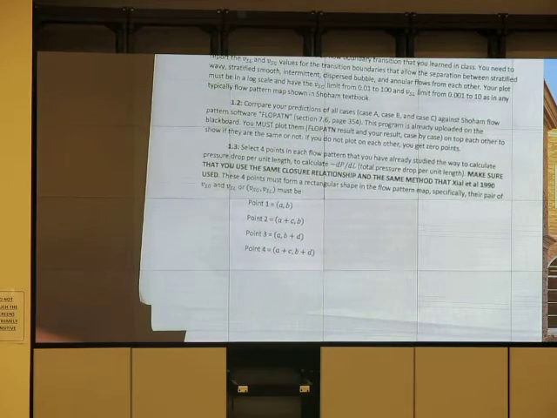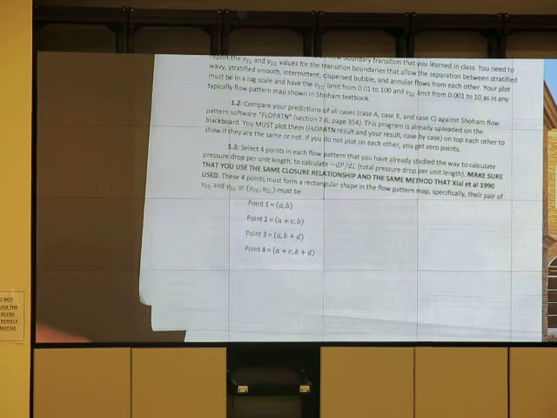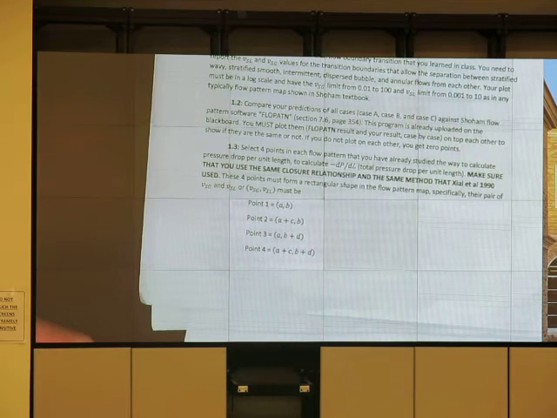Do you know that the file uploaded on Blackboard is from the Shoham textbook? In that file, there are 2 programs. Program number 1 is to do the flow pattern. Program number 2, which is just an exe file, is a little more complicated to run.